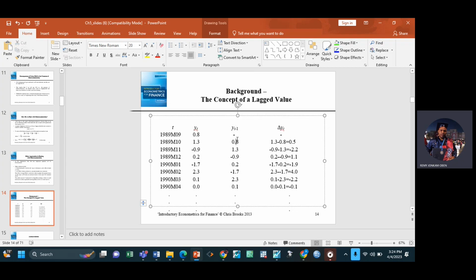Okay. So if it is lagged 1 period, you lose 1 value, right? If it is lagged 2 periods, you lose 2 values. If it is lagged 3 periods, you lose 3 values. So what is happening with the lagged values? These are the lagged values.